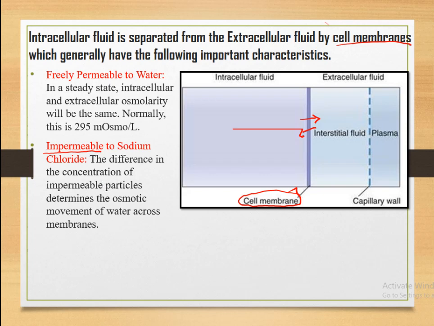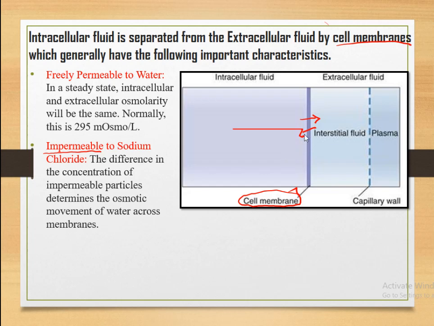Sodium chloride is just made up of sodium ion and chloride ion, which are ionically combined together. So it is impermeable to sodium chloride. Take note of that. It is very important for your exams.